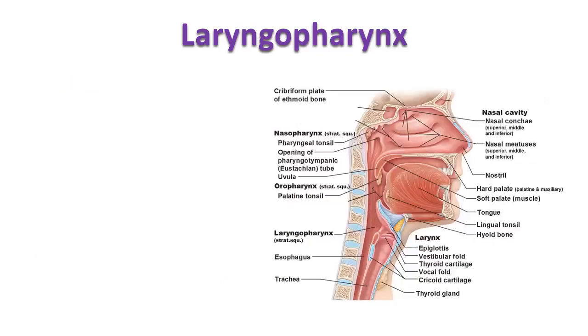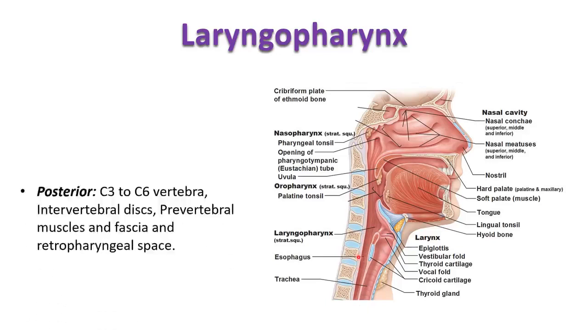So the other relations, as I told you: above it is continuous with the oropharynx and below it is continuous with the esophagus, but that communication at the pharyngoesophageal junction is kept closed by the cricopharyngeal sphincter, also called the upper esophageal sphincter.